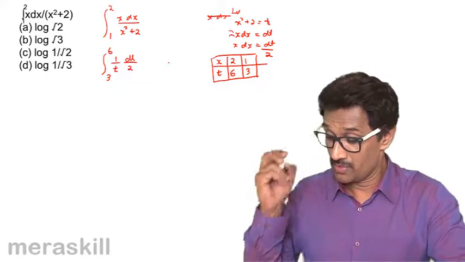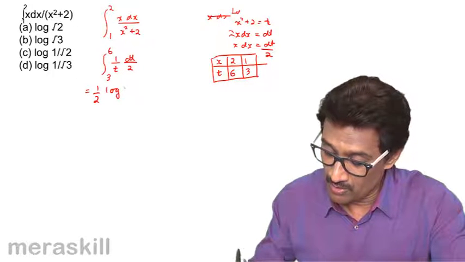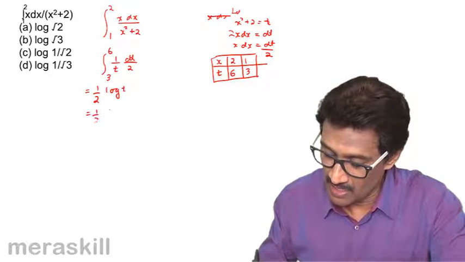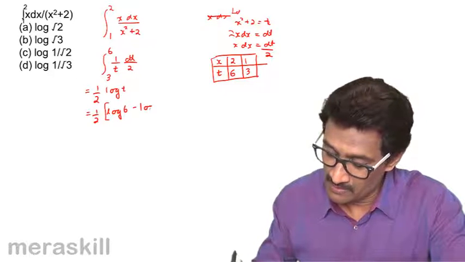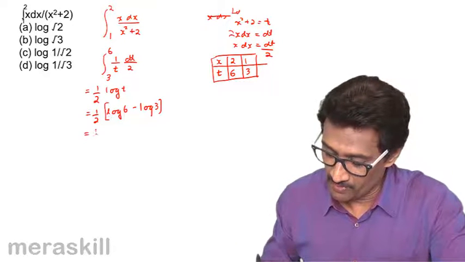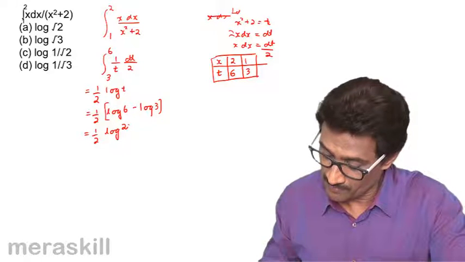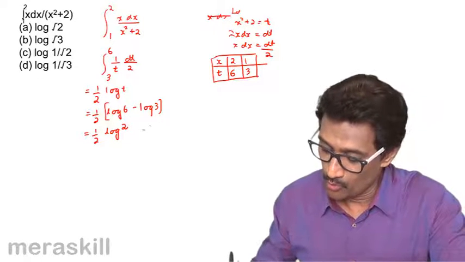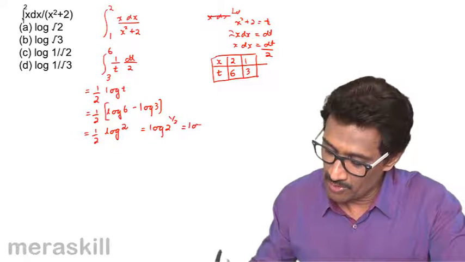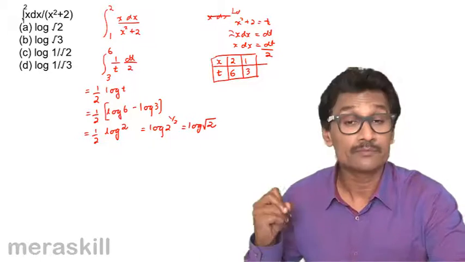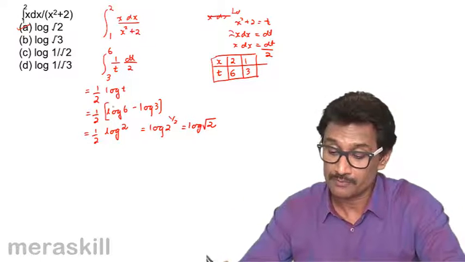So eventually it's going to be half log t, which is going to be half log 6 minus log 3, which is going to be half log 6 by 3, that is log 2 raised to half, which is going to be log root 2. Hence the answer is going to be log root 2. Okay.